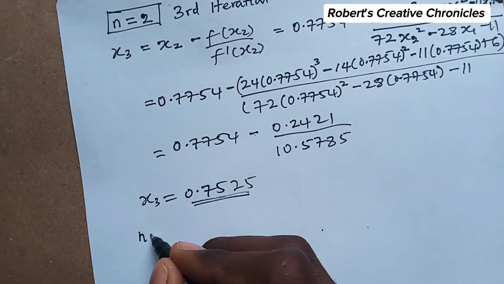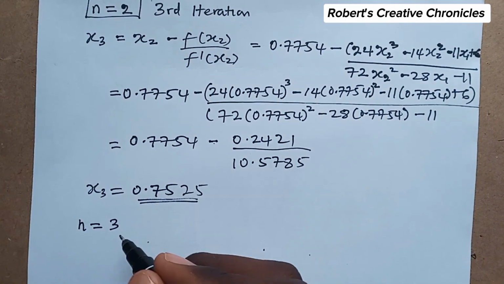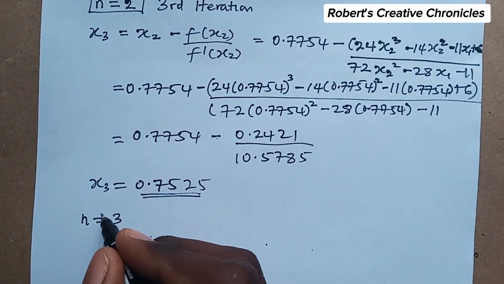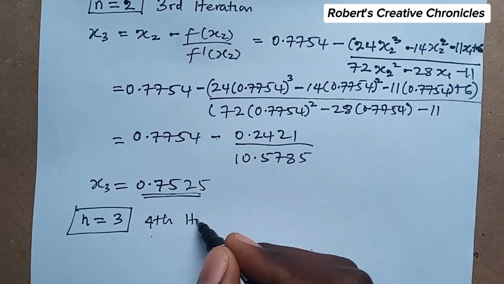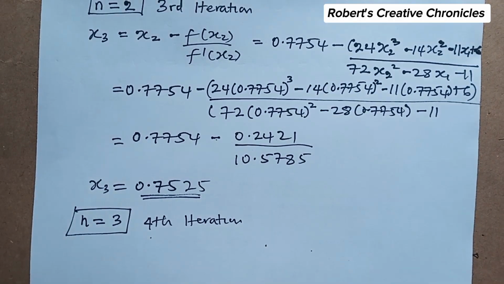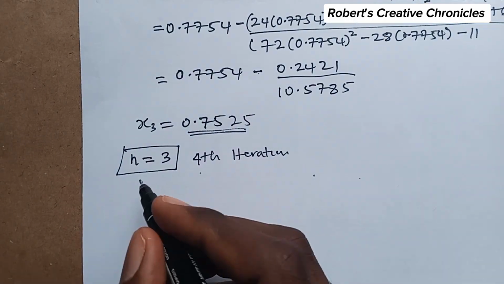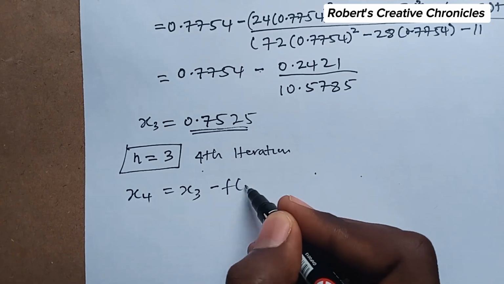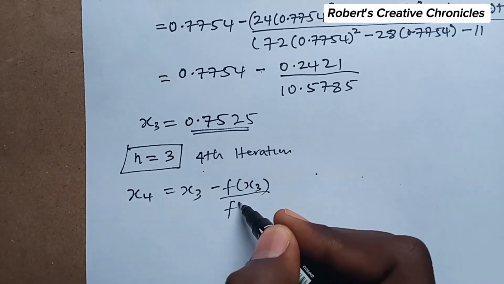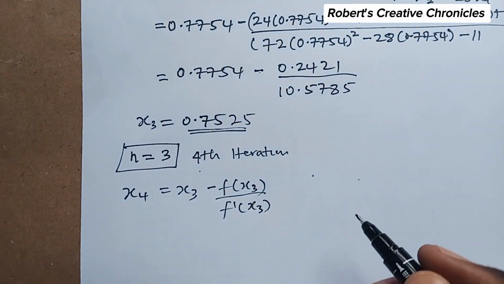Then n is equal to 3. This is the fourth iteration. As usual, x4 is equal to x3 minus f of x3 over f prime of x3.